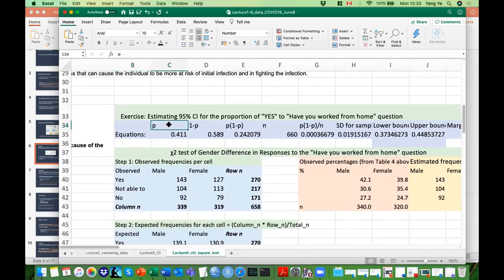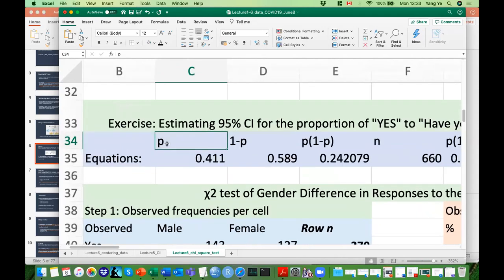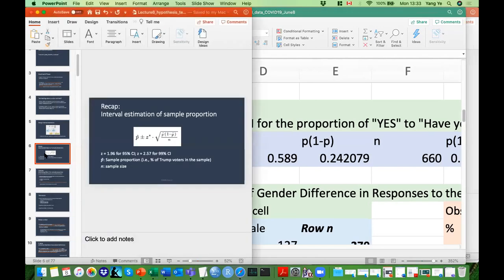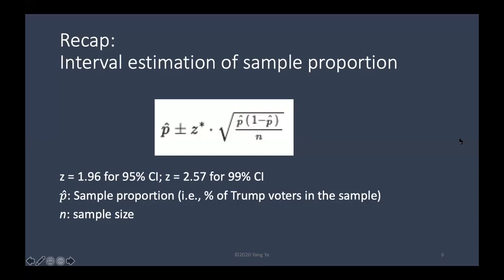So the P value here, we're using the sample proportion, they could use something else, okay? So that's a recap of how you construct a confidence interval for sample proportion in Excel.